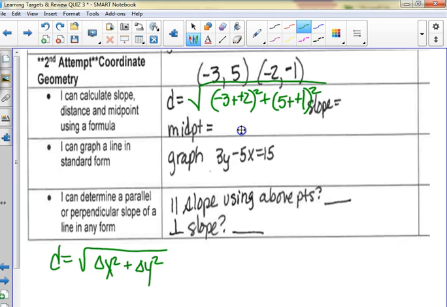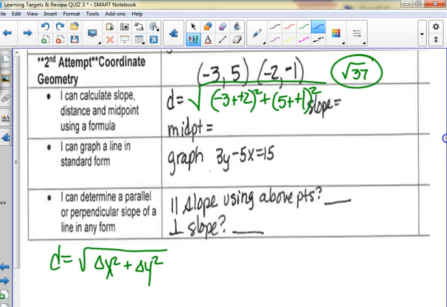You type it in and do it correctly. I think you get square root of 37. Anybody? That doesn't simplify. You could give me a decimal approximation. I don't care which you do.